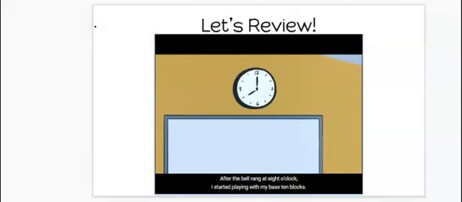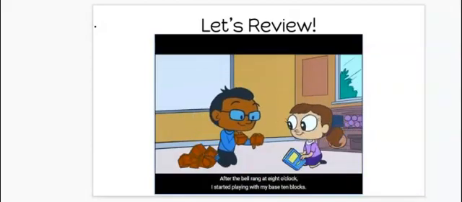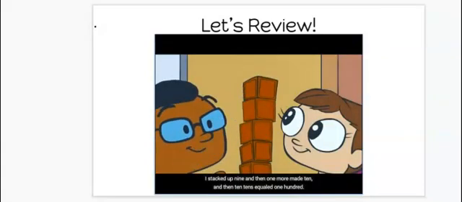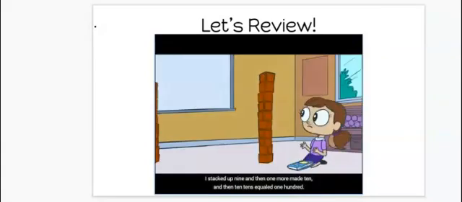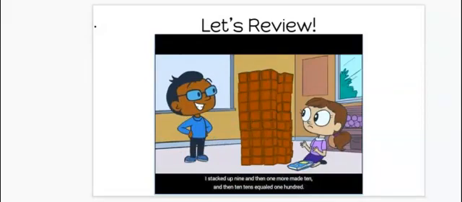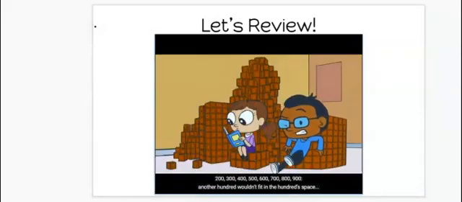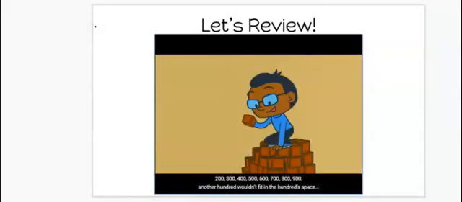After the bell rang at 8 o'clock, I started playing with my base 10 blocks. I stacked up 9, and then one more made 10, and then 10 tens equaled 100. 200, 300, 400, 500, 600, 700, 800, 900.